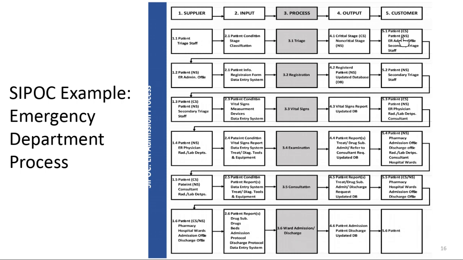The customer is the patient, whether the ER administration office or secondary triage staff take him and ask for the registration, then the signs, and then examination, then consultation, then the admission or discharge.